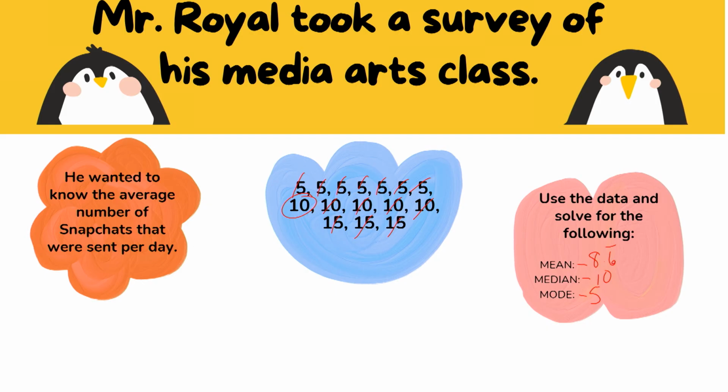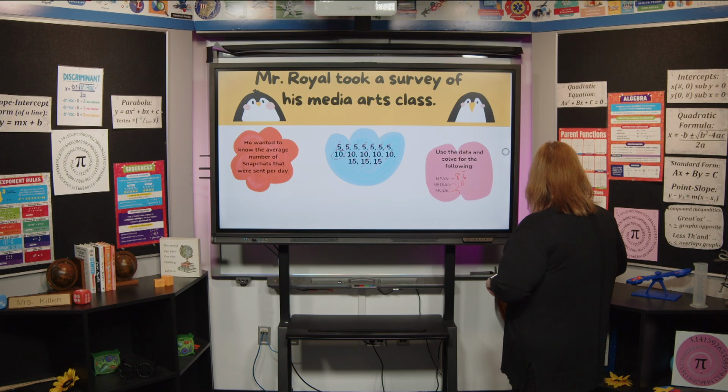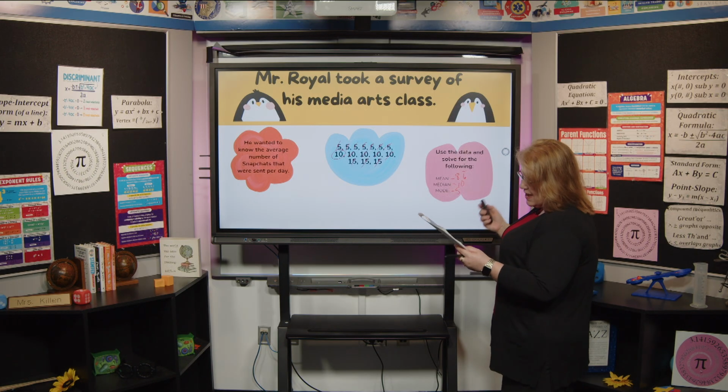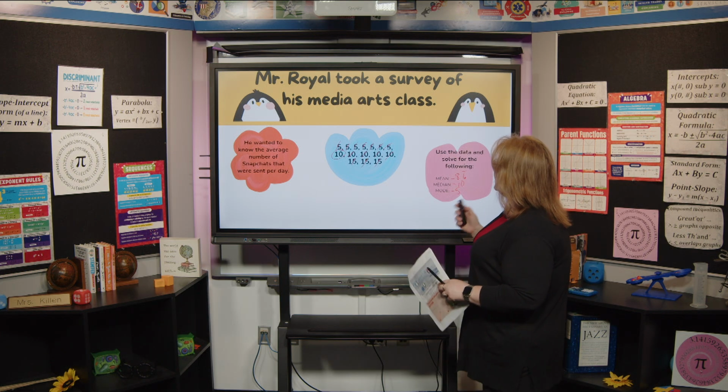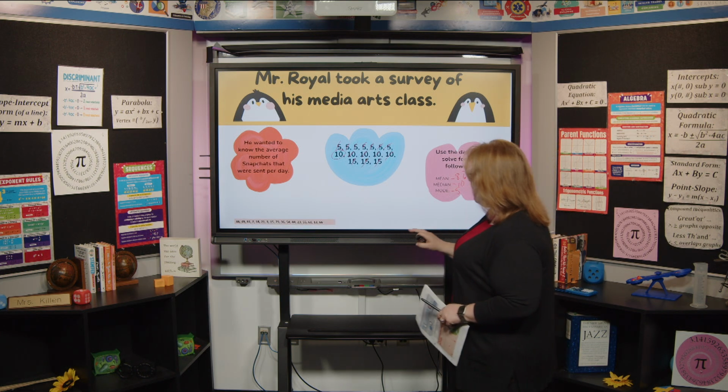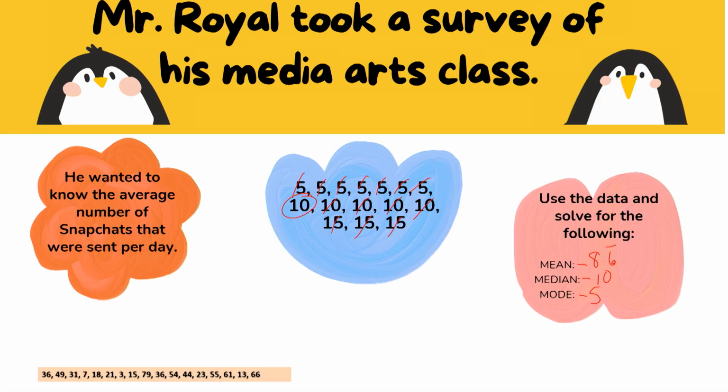So we have figured out how to look at this different data set and find 3 of our 5 numbers. So now let's look at something a little different. What if we had these numbers and we wanted to find the mean, the median, the mode? Obviously, we would want to use our calculator.